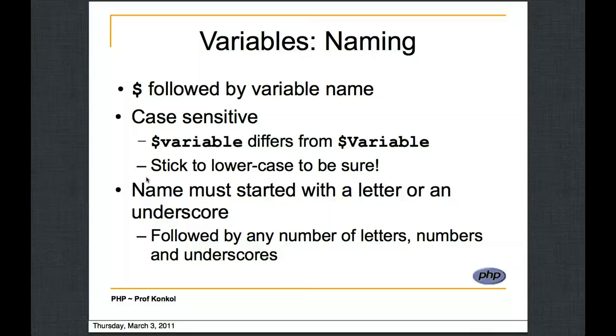The name must also start with a letter or an underscore. I suggest a letter. Forget the underscore. That became confusing for beginning programmers. But for right now, just begin it with a letter. Never follow it with a number. First, always a letter. So name, username, password, p-word, and variables always start with a dollar sign in front of it.